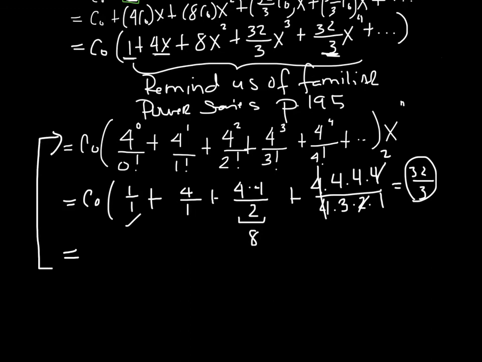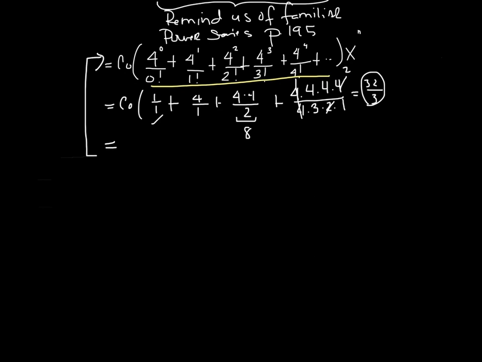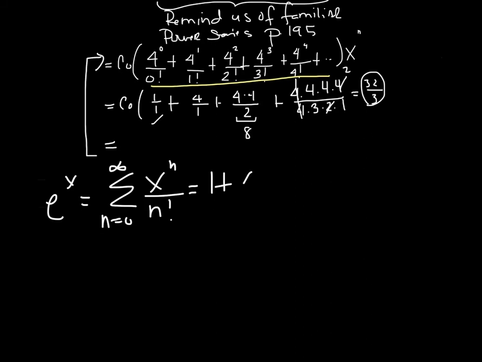So what does this remind you of? This one right here definitely looks like, I'm going to write e to the x, just so you can see this. e to the x is the same thing as, shorthand, the sum of x to the n over n factorial. We have powers and factorials, and this is just 1 plus x plus x squared over 2 factorial plus x cubed over 3 factorial plus dot dot dot.